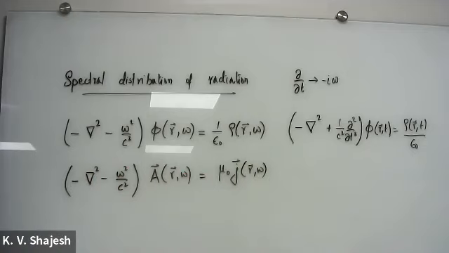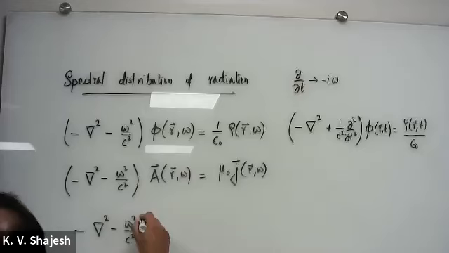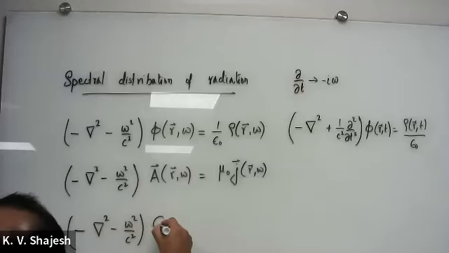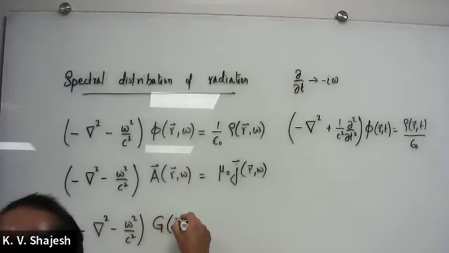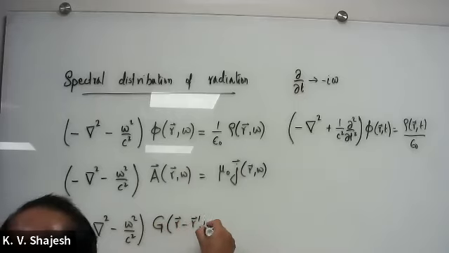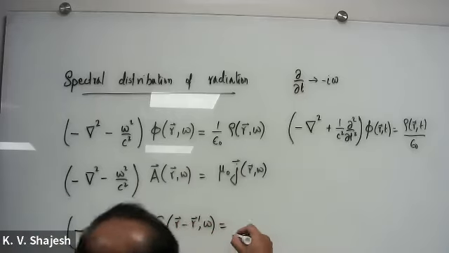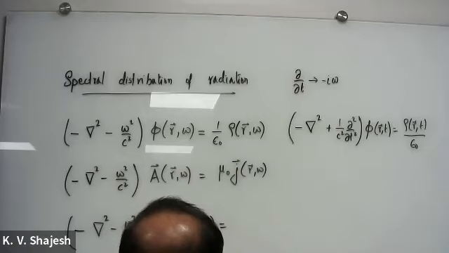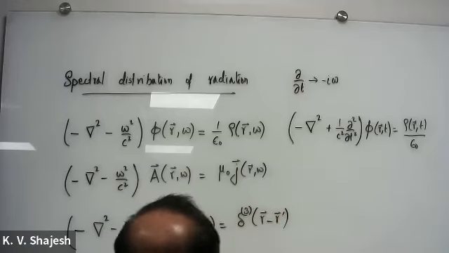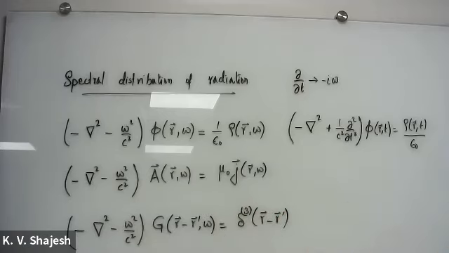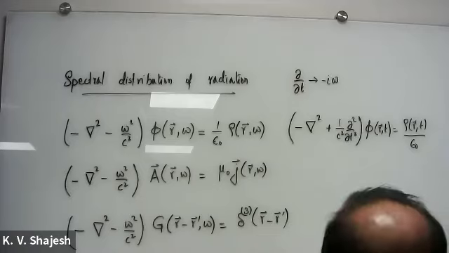The Green's function associated with this can then be written as the Green's function, this time in frequency space, G of R minus R prime.